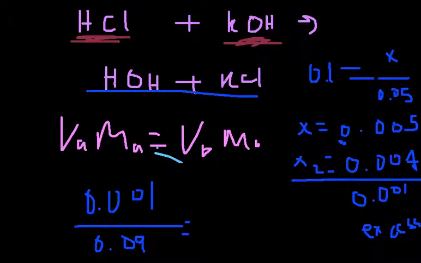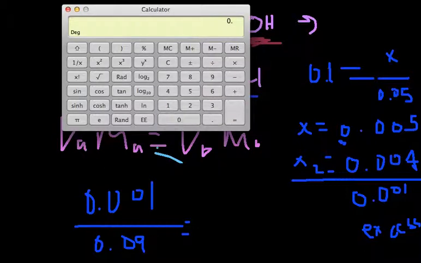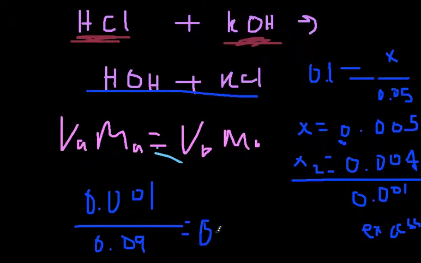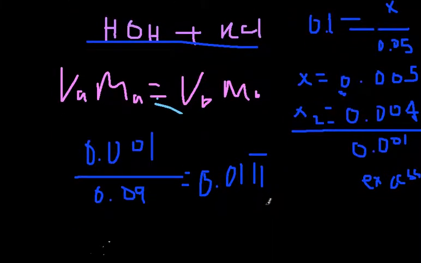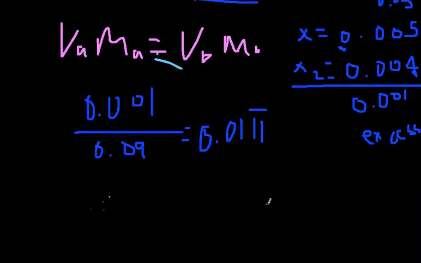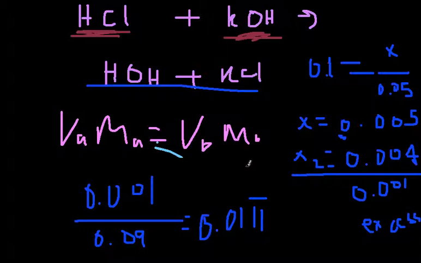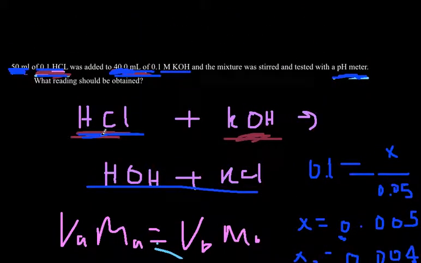That should get us 0.001 divided by 0.09, which is 0.0111 repeating. So, is that our answer? No, that is only the leftover concentration of HCl, which is also the leftover concentration of just H, because honestly no one cares about the HCl.